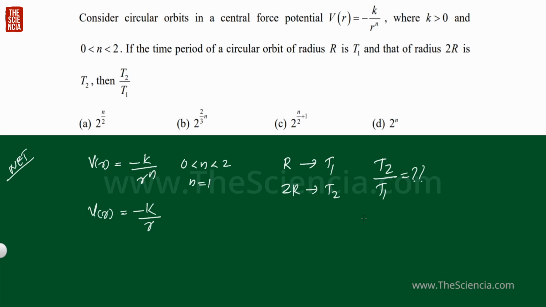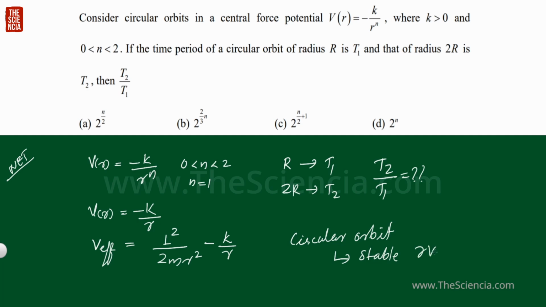So here it is about orbit and all, so we have to consider the effective potential. That is V effective is equal to L square by 2m r square minus k by r. And in the question itself it is specified this is a circular orbit, and we know circular orbit is a stable orbit.